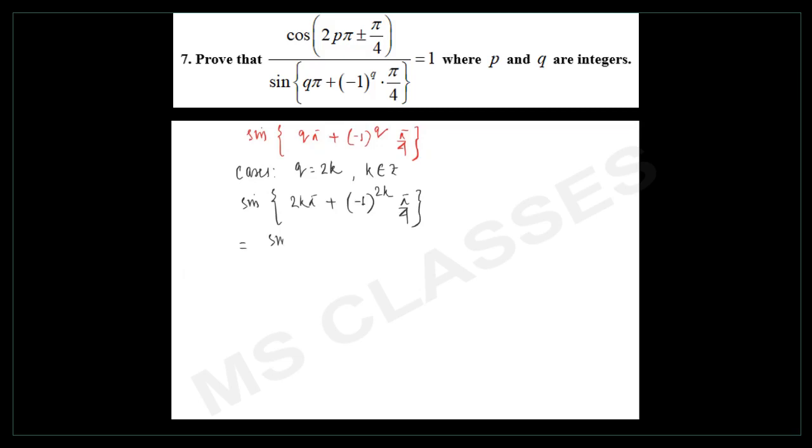If we simplify, sine 4k into pi by 2 plus pi by 4. Since it is an even multiple of pi by 2, so this will be sine pi by 4. Now we have to understand which quadrant this angle terminates in. This angle definitely terminates in the first quadrant, and we will understand that. How you see.